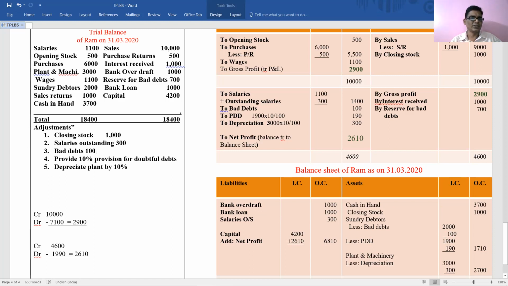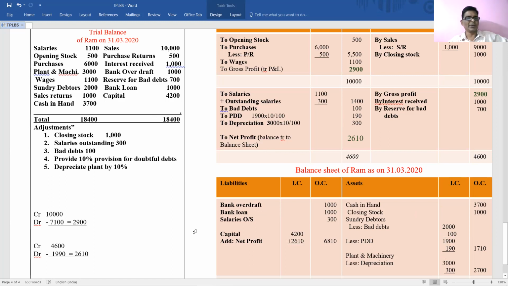First deduct 100, 2000 minus 100, 1900, 10%. 1900 into 10 by 100, 190 PD for doubtful debts, and less from debtors, 1900 minus 190, 1710.